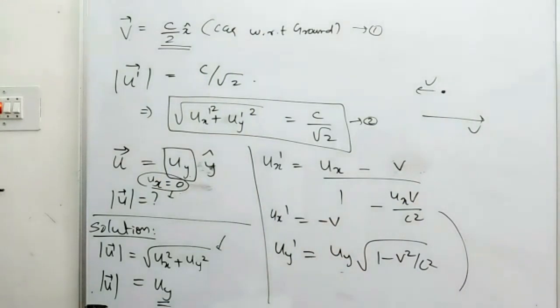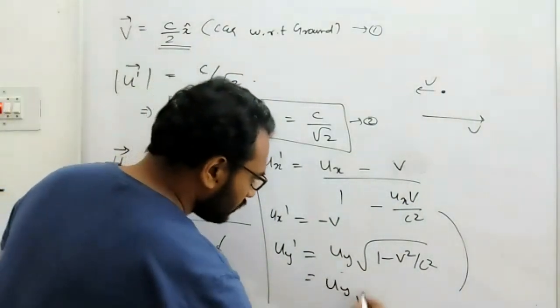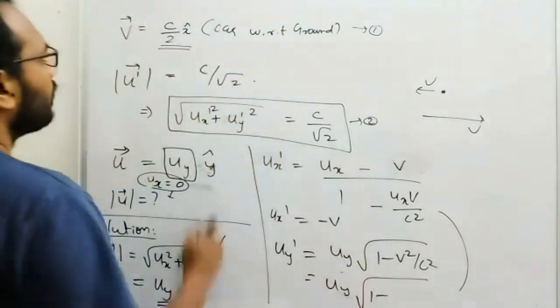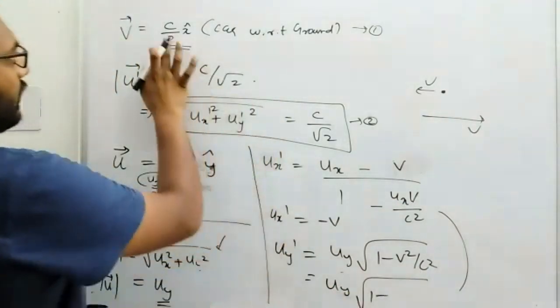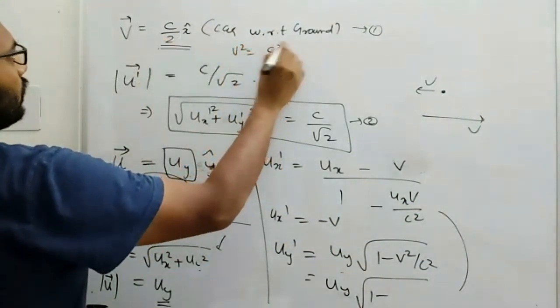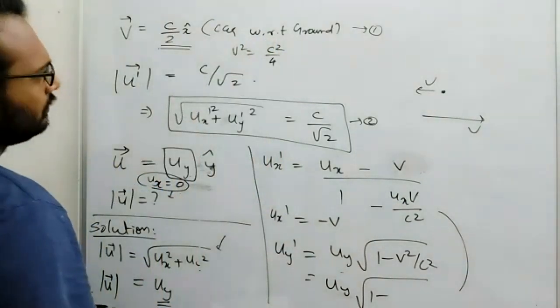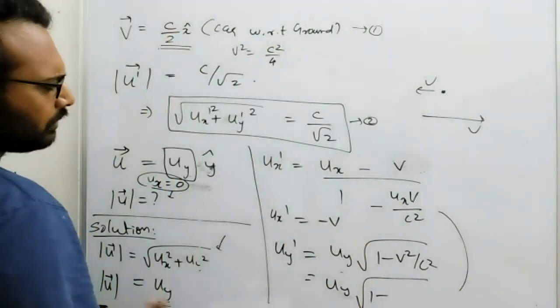Okay. And we know this v square by c square. So this is equal to uy square root of 1 minus, what's v square? Just have to be careful here. V square is c square by 4, right? So v square by c square is just 1 by 4.